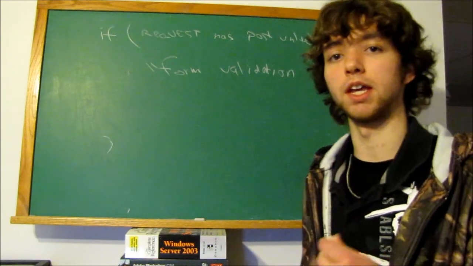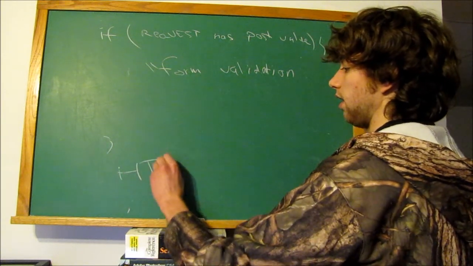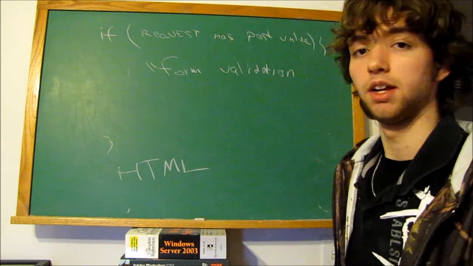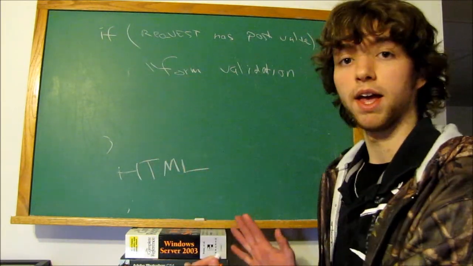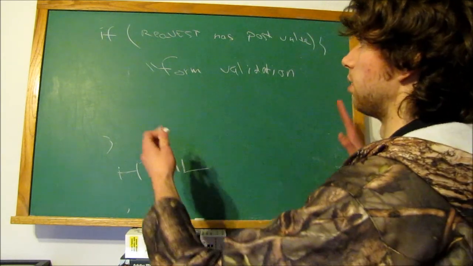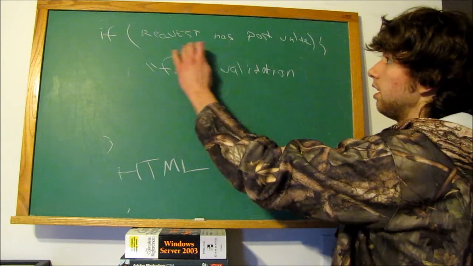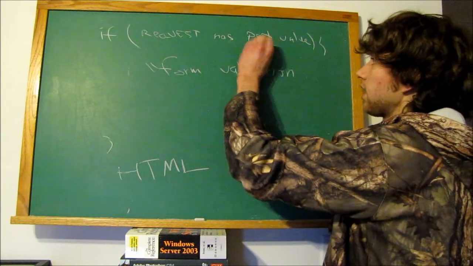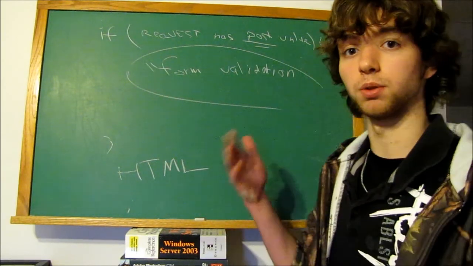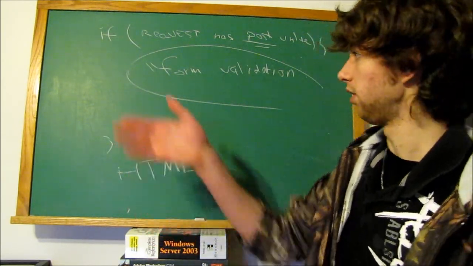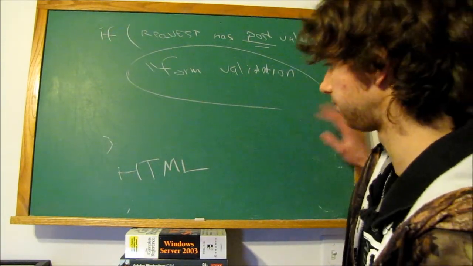And then we can take our original HTML and put it outside of this if statement, and now PHP is going to look at this and display the HTML form, and if we ever submit the form, the request method now has the value post, which means we validate the form. So it's a test. If we didn't submit it, this is not going to be executed. If we did submit it, it will be executed.